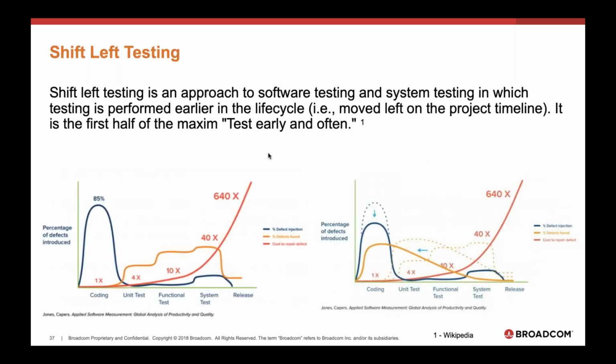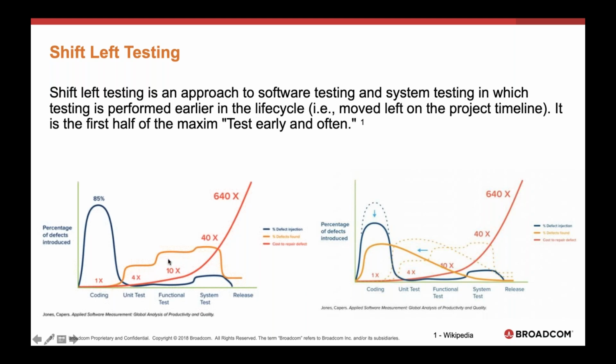Now, where's the industry going with this? Shift left testing is an approach to software testing that's really up and coming. What we've noticed, on the graph here, is that most defects are injected by developers as part of coding. And then this orange curve shows when those defects are actually found as part of testing.